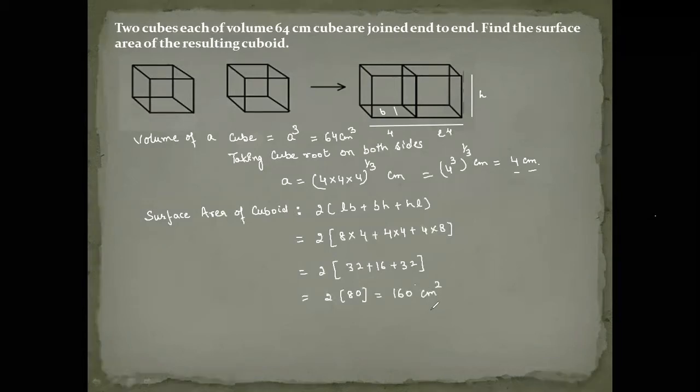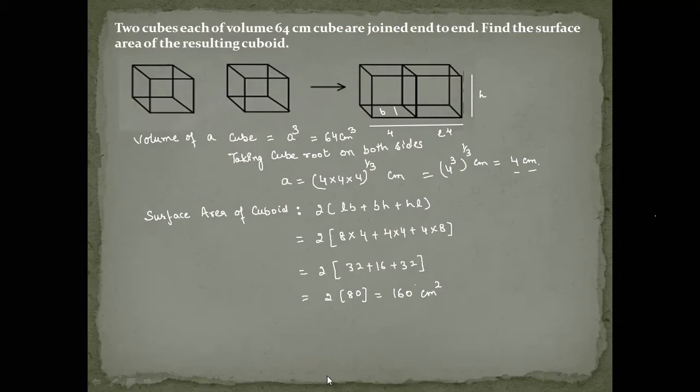So that's it. If we have two cubes with volume 64 centimeter cube and we join them end to end, the surface area of the resulting cuboid is 160 centimeter square. So let us now discuss the second question.